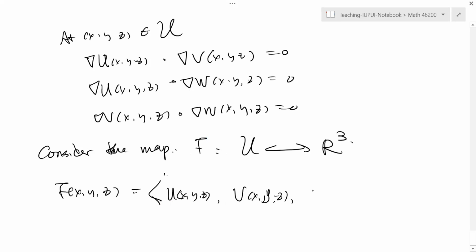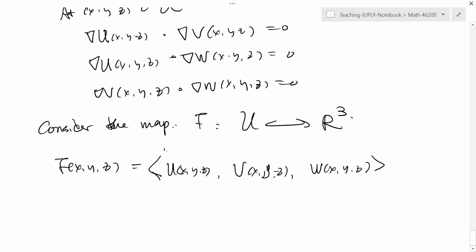You can define a map. Okay, what does that mean? The first property is that F is defined on the whole U, right? So at every point there's one surface passing through the point.